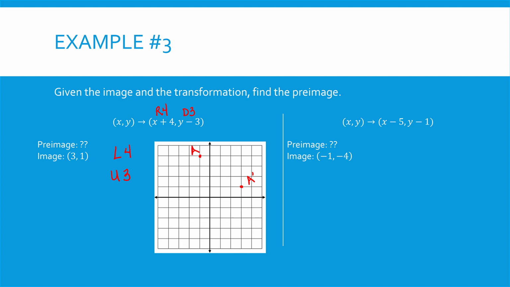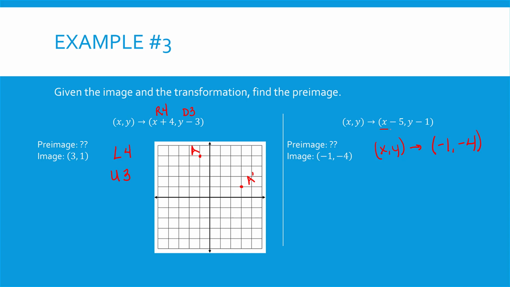So on this example on the right, I have the image point -1, -4. Remember, this is the final point already. So this is saying I already have my pre-image x, y, and I am ending up at -1, -4. What we're going to do is take these corresponding spots.